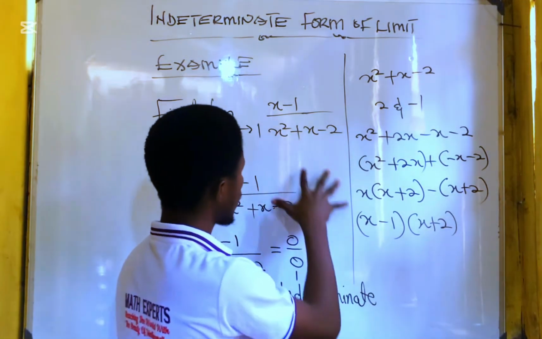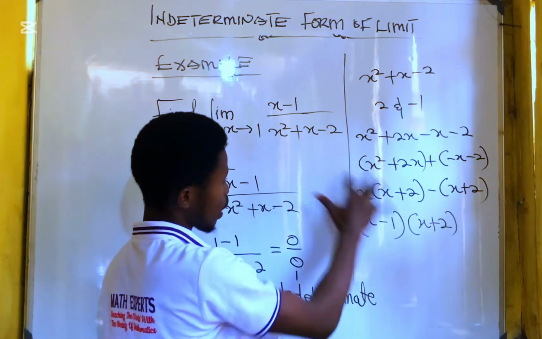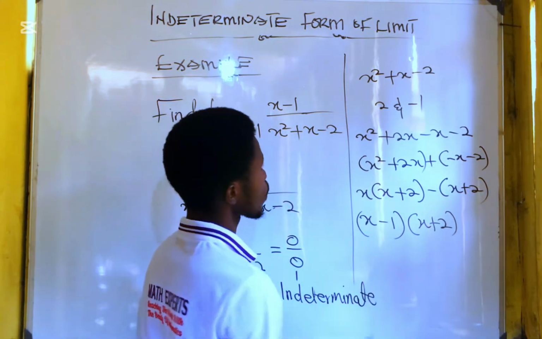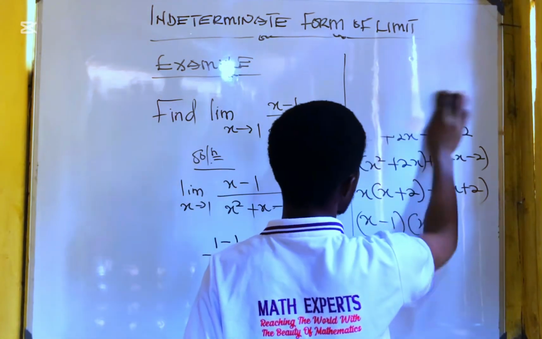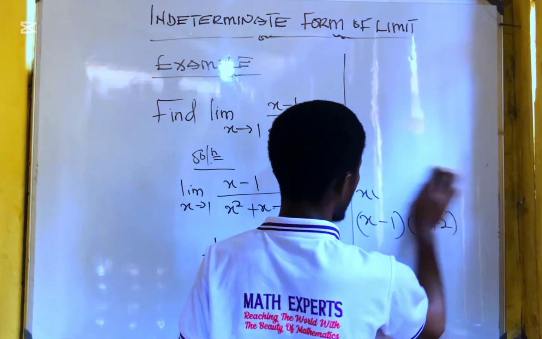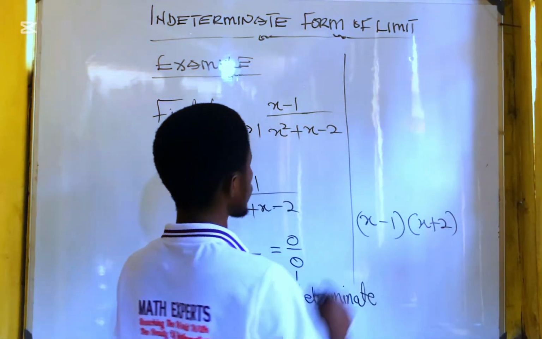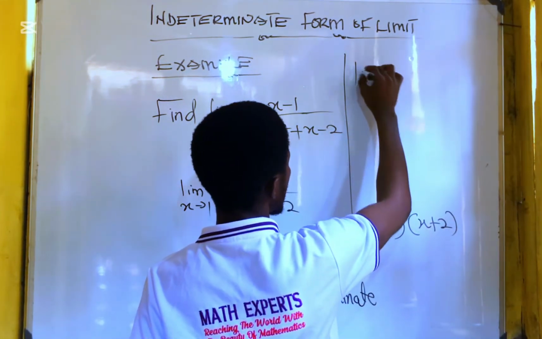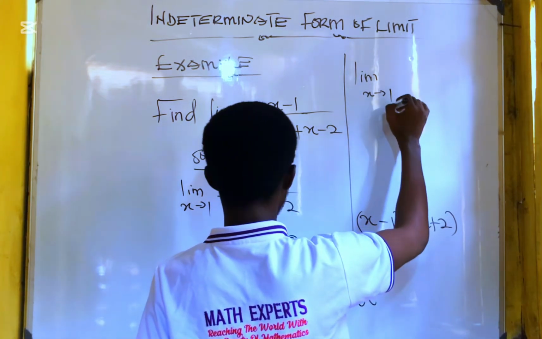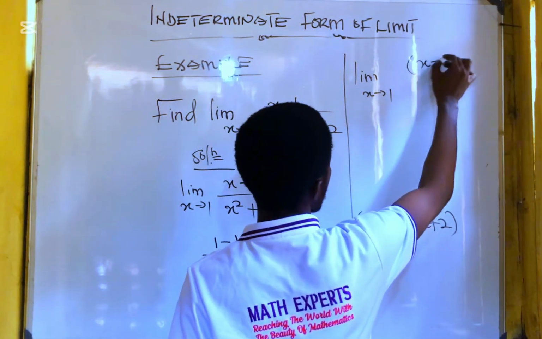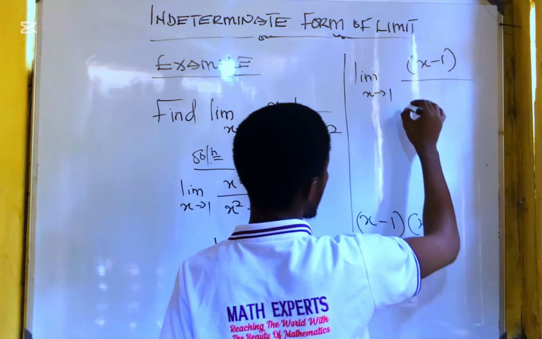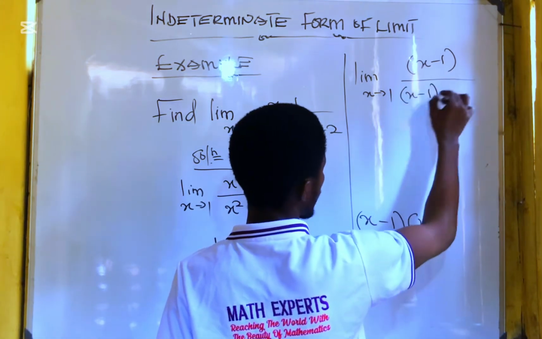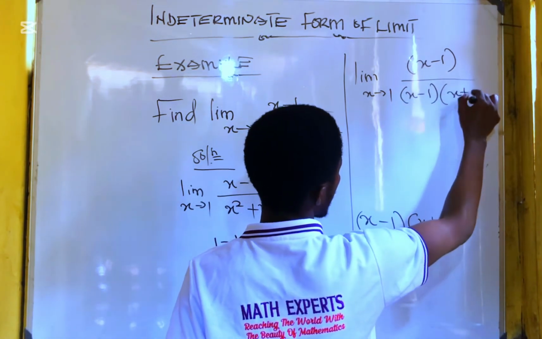So in place of this, I'm going to put this one there. Is that okay? So let's see it. You are going to now have the limit as x approaches 1 of x minus 1 all divided by x minus 1 times x plus 2.